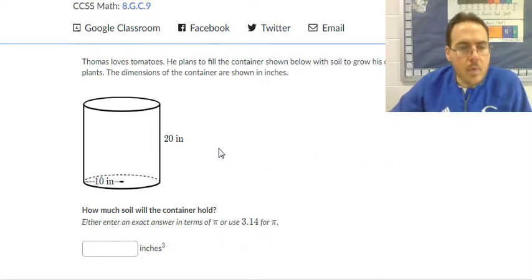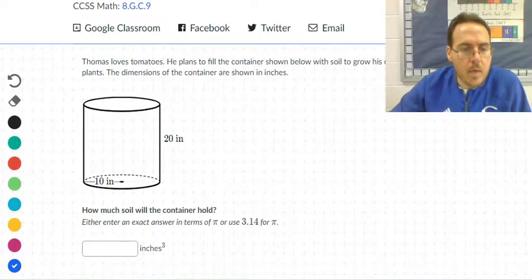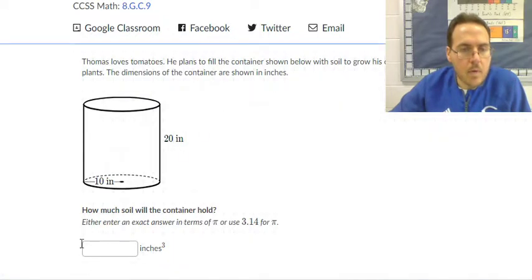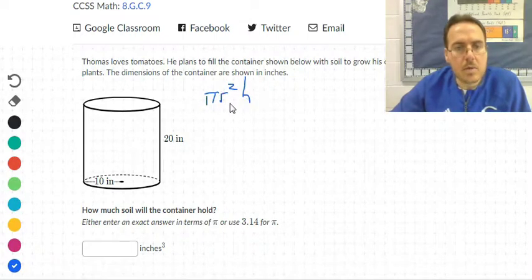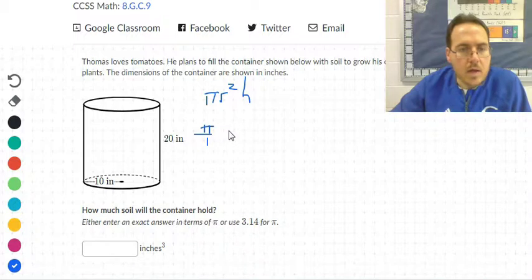Okay. Well, this is a cylinder, so that's going to be pi r squared times the height. So pi over 1 times the radius, which would be 10 over 1, 10 over 1, and the height is 20.